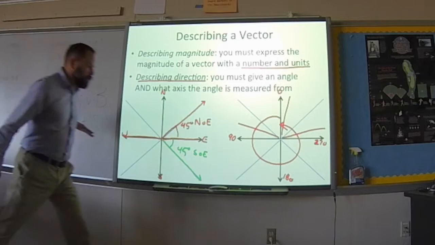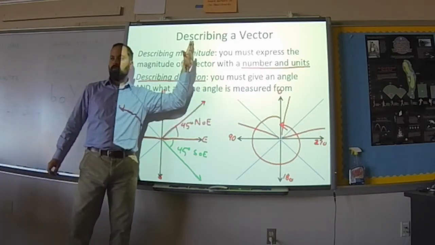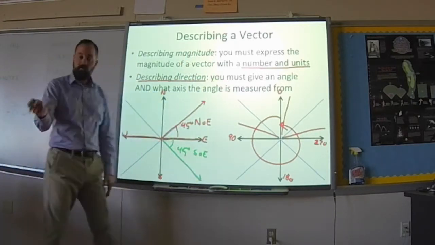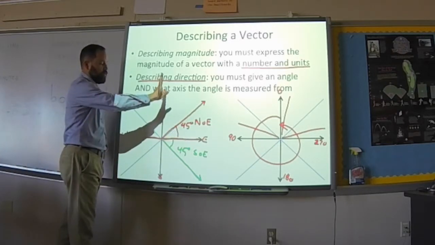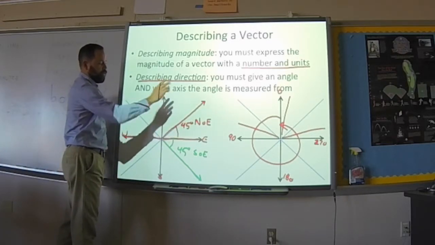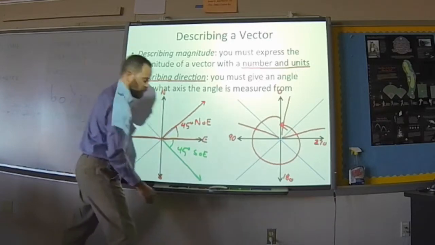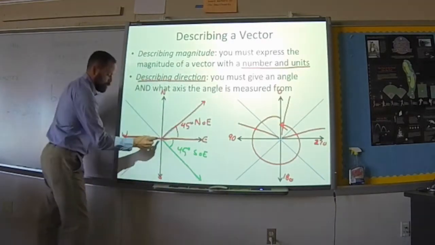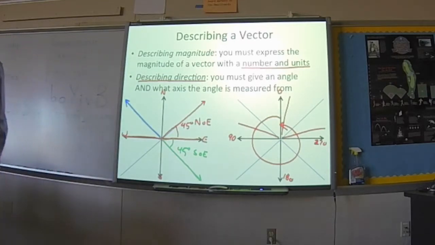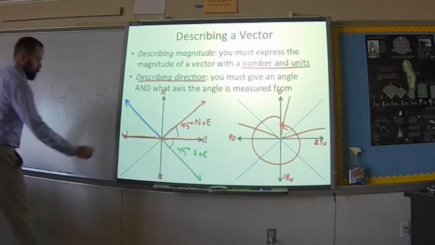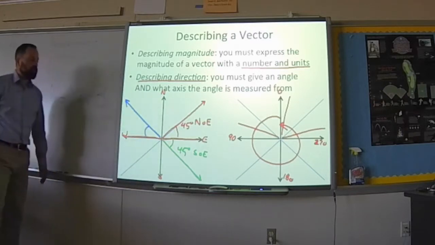South of east. East is horizontal, and then either north or south. The nice thing about this is you can't have an angle more than 90 degrees north of east. What if you do? Now all of a sudden over here it's north of something else. What's that angle as based from the horizontal? That is right there.